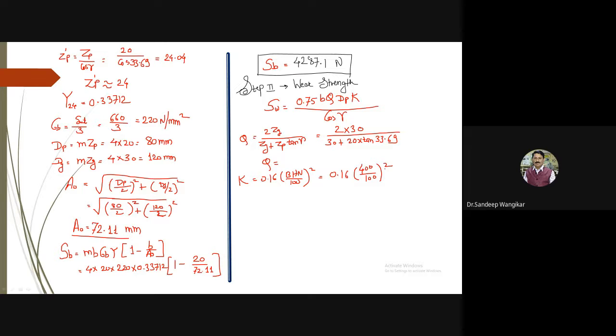Calculate the value of Q, calculate the value of K. Then I will substitute in the formula for SW.